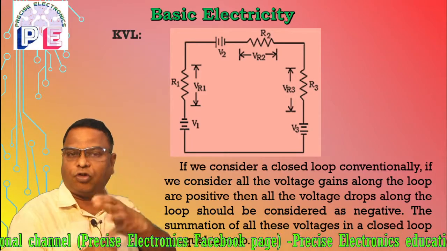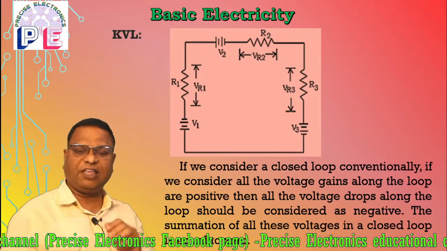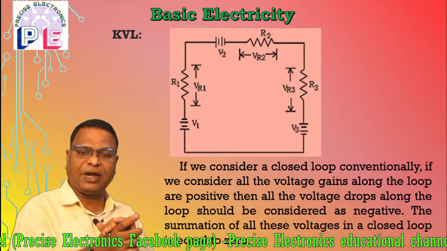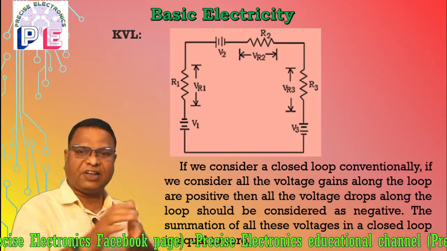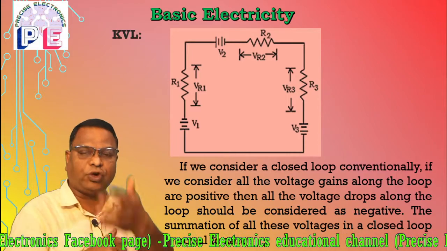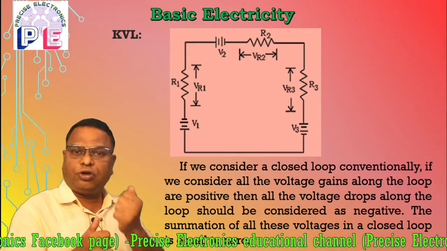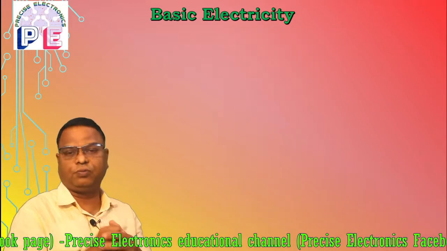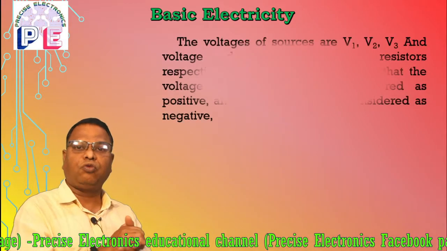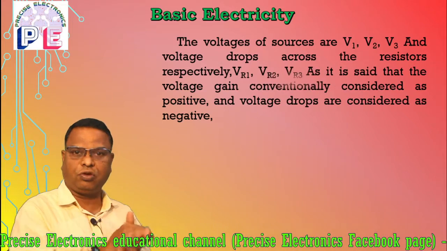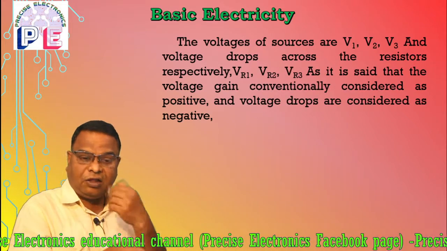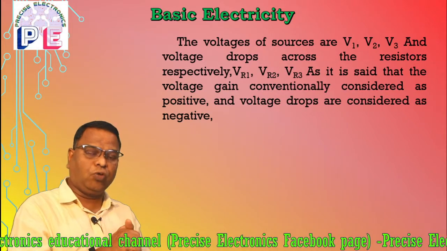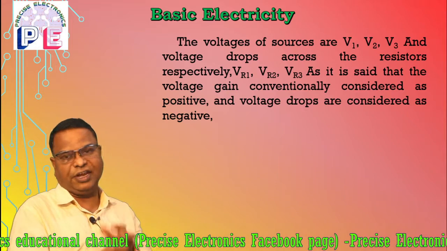V1, V2 and V3 provide the voltage to the circuit, so they are considered positive, and the voltage drops along the loop are considered negative.